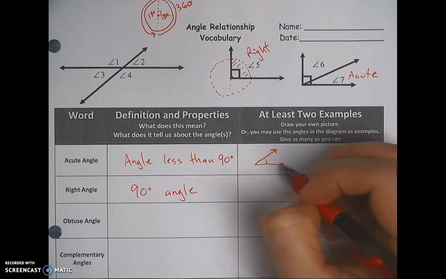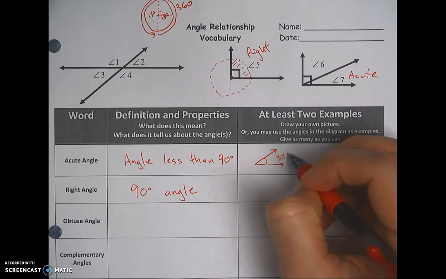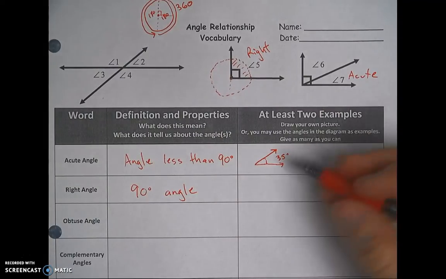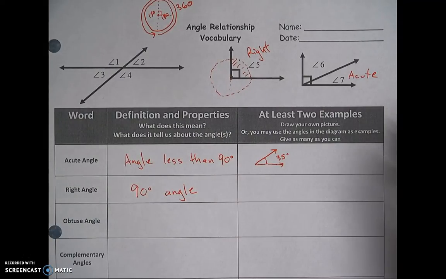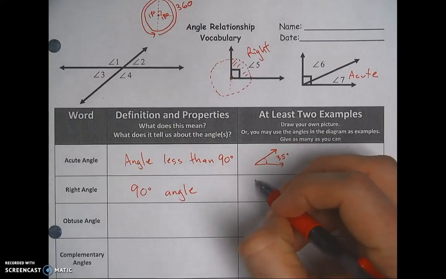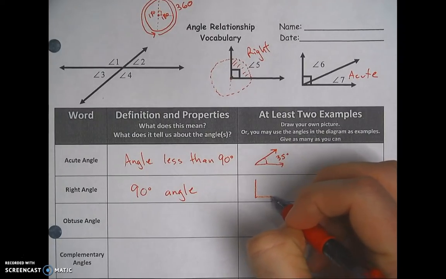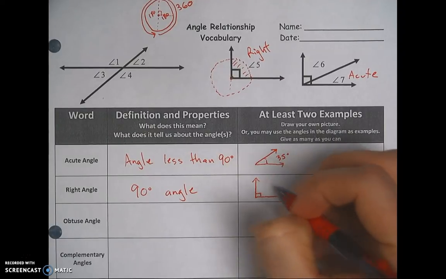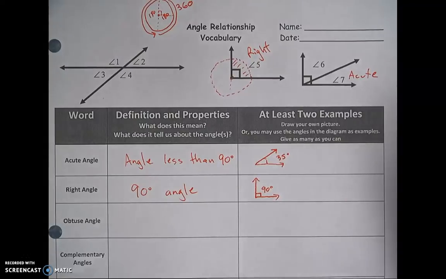So 90 would be straight up and down and straight side to side. Acute is closed. So for instance, 35 degrees. It could be anything less than 90. A 90 degree angle, straight up, straight over. We often represent them with a box, and we automatically know that this is 90 degrees.